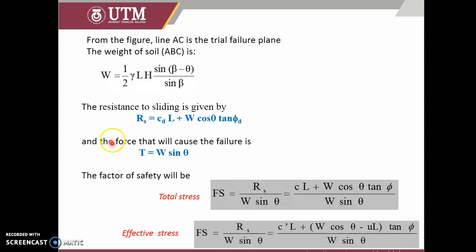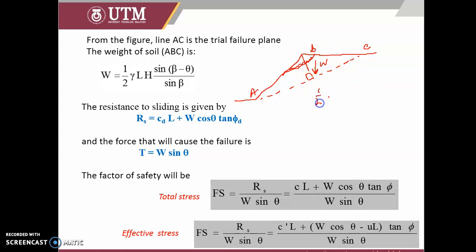From the figure, first and foremost, we usually need to calculate the weight of the soil, ABC. We have an embankment with the slope at toe A, B, and the failure line we assume occurred here, C. For the weight, I extend the slope a little bit more so we can have a triangle.